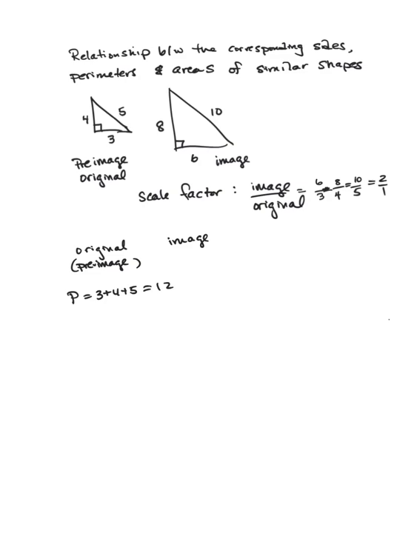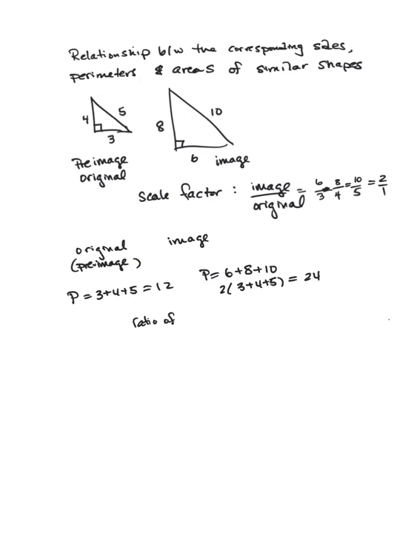If we look at the image, the perimeter is 6 plus 8 plus 10. Now, if you think about the distributive property, I could just factor out a 2 here, and then you'll see that the perimeter is just double what it was originally.